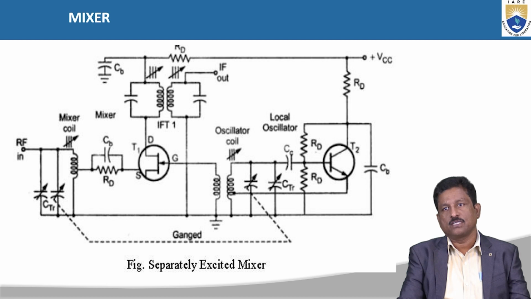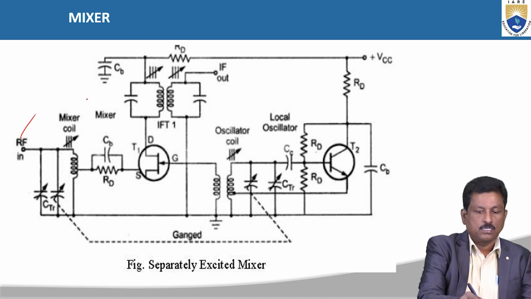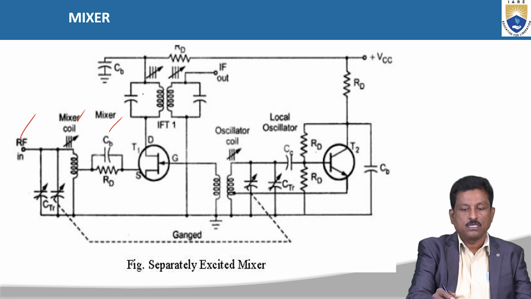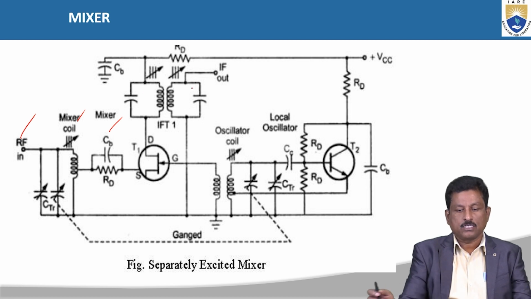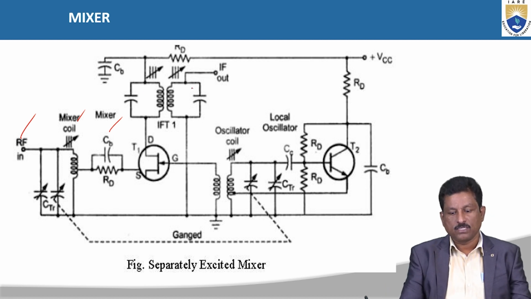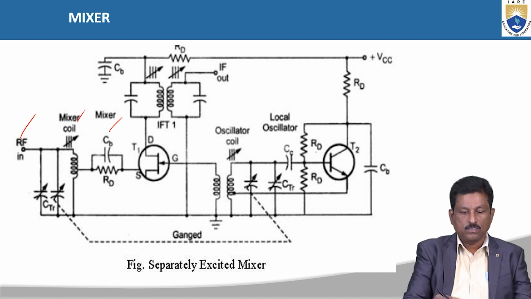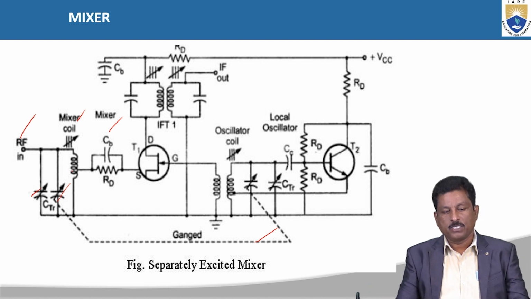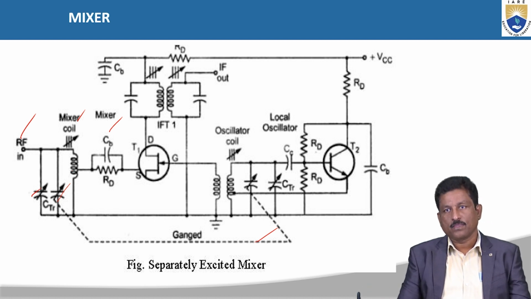With the support of the circuit diagram here, you can see that we have the RF value here, and here we take the mixer. This is a mixer. Then we get the local oscillator and IFT, intermediate frequency. There are also separately excited mixer gang capacitors, which perform the tuning operation.